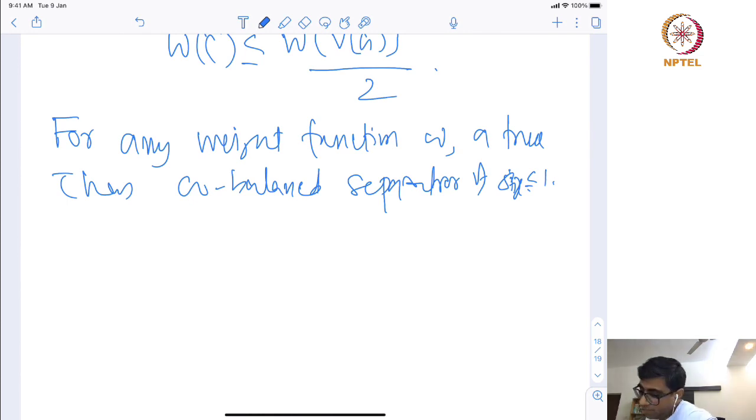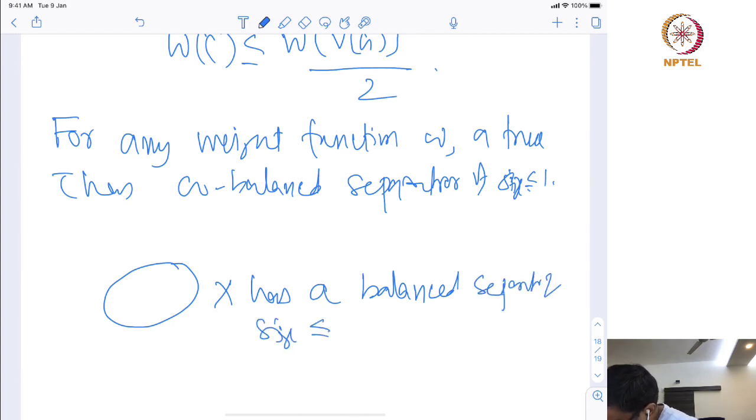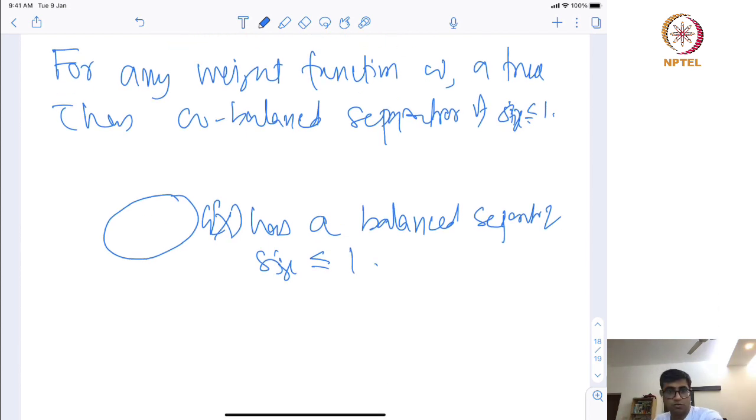Well, that's very easy. Suppose you wanted to show that the graph induced on X has a balanced separator of size 1. Then what weight function do we choose?